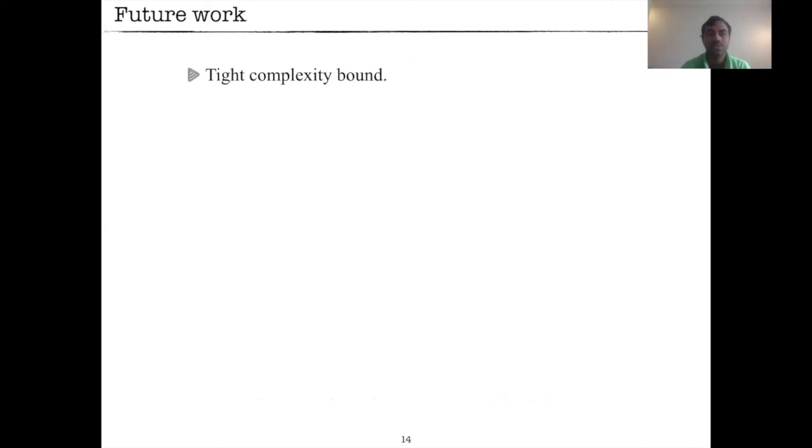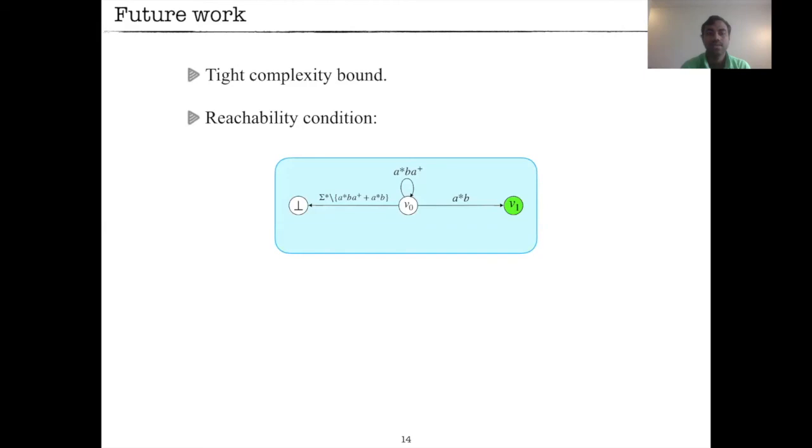As future work, we are interested in closing the complexity bounds that we have achieved here. Another interesting direction would be to investigate the coalition problem when the winning objective for the coalition is given by a reachability objective.